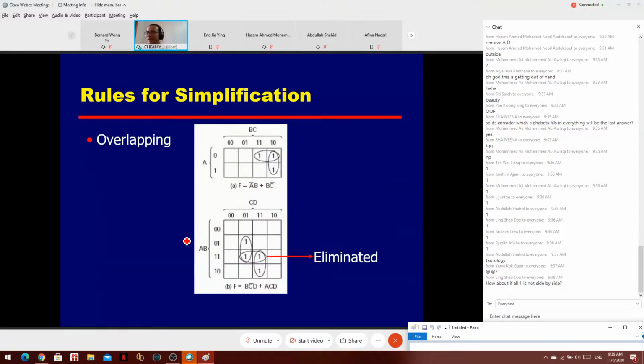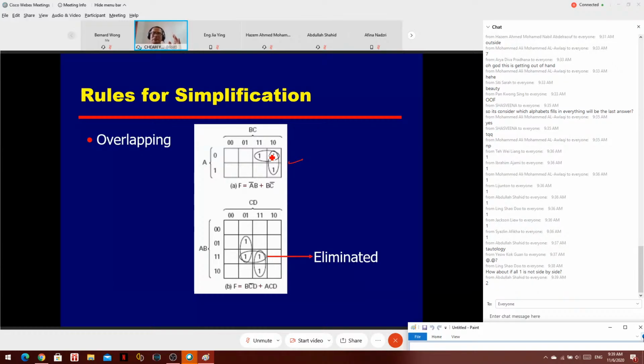All right. What about in cases where there's overlapping? Let's say you have three terms that are side by side, but they overlap. Not a problem. In this case, we express them as two separate groups. One group simplifies, and the other group also simplifies. We get two separate simplified terms.